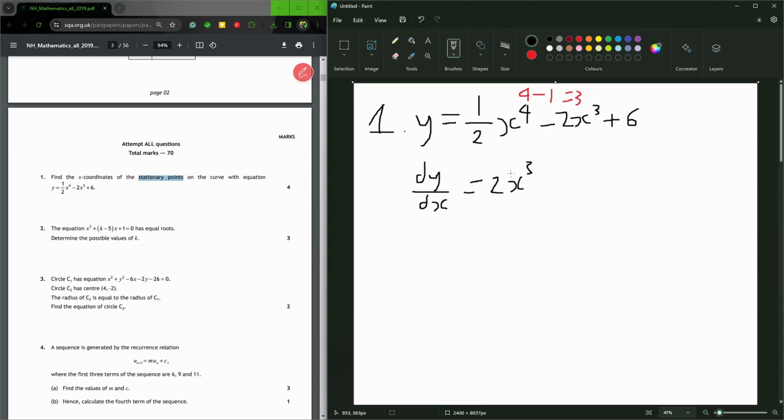And then we continue on for the next term. So minus 2x cubed. You times the power by the coefficient, which is just the number multiplying the thing. So minus 2 times 3, that's minus 6. Then we subtract 1 from the power, so x squared.